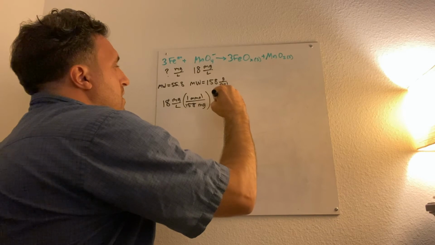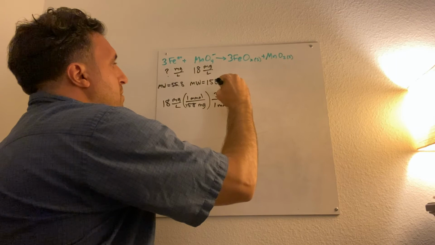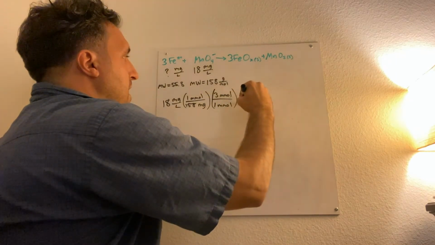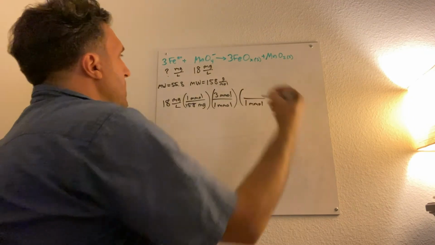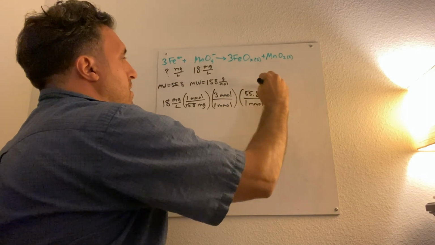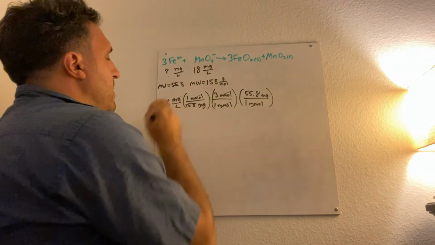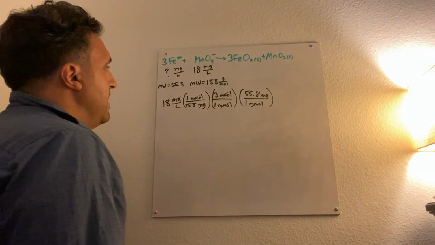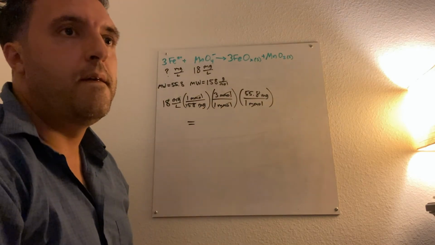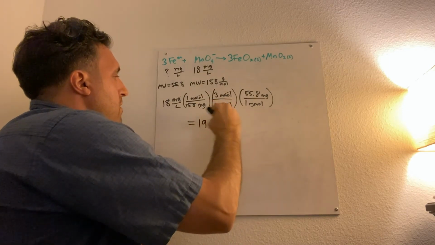So 1 millimole of permanganate per 3 millimoles of ferrous iron. And then 1 millimole of ferrous iron is equivalent to 55.8 milligrams. All of the millimoles cancel out, and we're left with milligrams per liter of ferrous iron. And that's equal to 19 milligrams per liter.